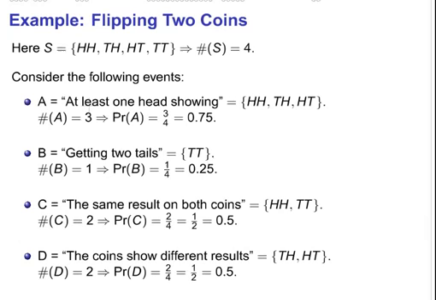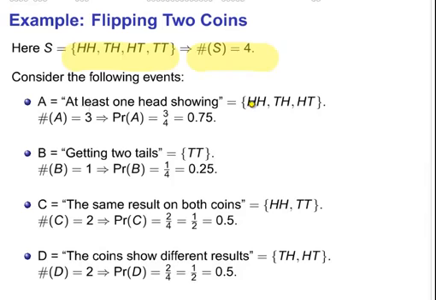So let's move on. Here we are flipping 2 coins. The sample space, as we've seen earlier on, is heads-heads, heads-tails, tails-heads, tails-tails, and the number of possible outcomes there is 4. Consider the following event: A is at least one head showing.